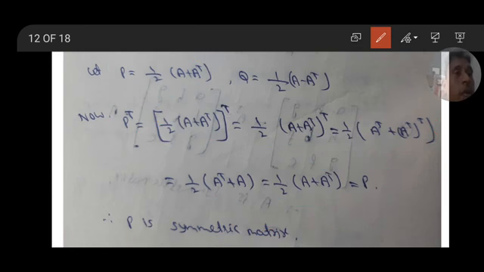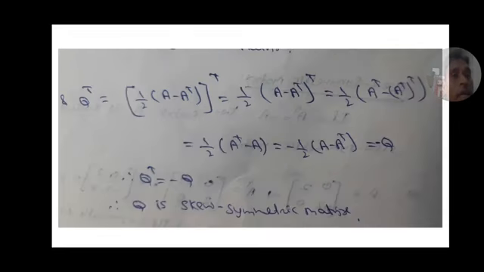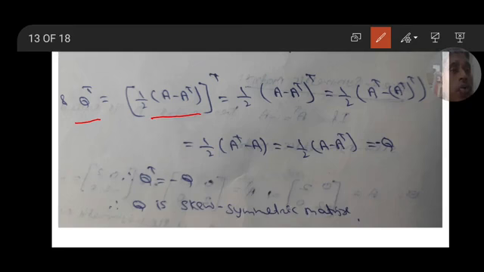Next, we will take Q. Q equal to 1 by 2 (A minus A transpose). So we will take Q transpose. Q transpose equal to 1 by 2 (A minus A transpose) whole transpose. 1 by 2 outside, property, (A minus A transpose) whole transpose. So 1 by 2 into (A transpose minus (A transpose) whole transpose), and (A transpose) whole transpose equal to A. So A transpose minus A, and minus is common.